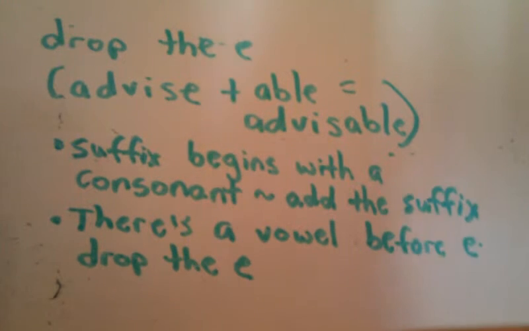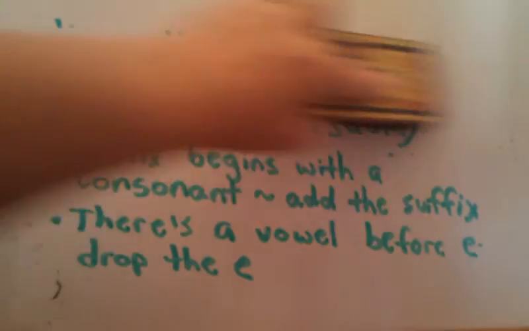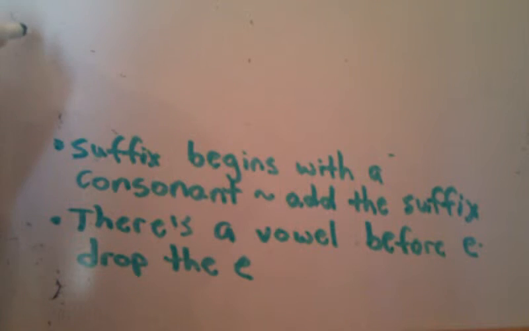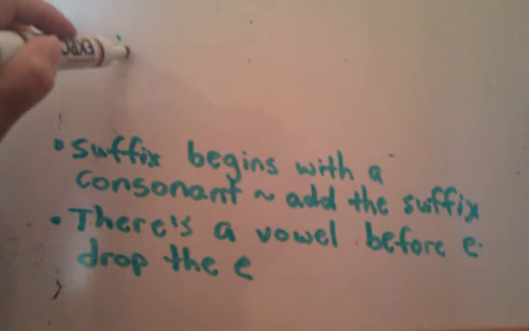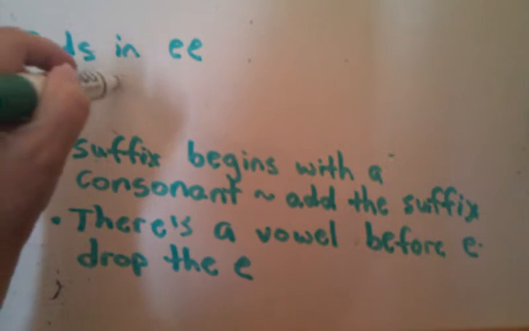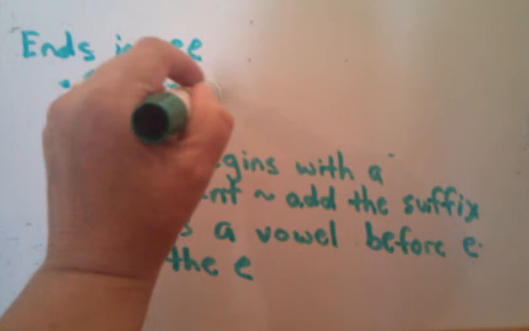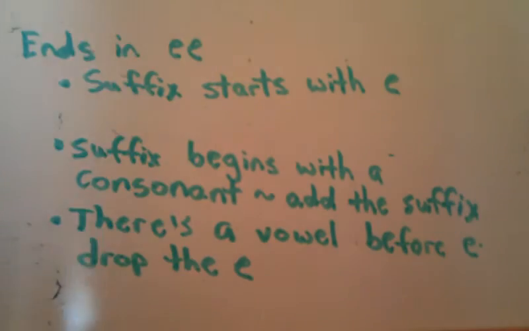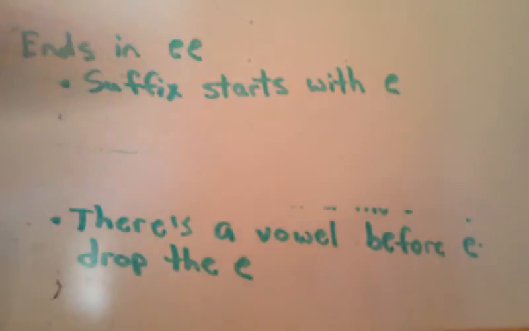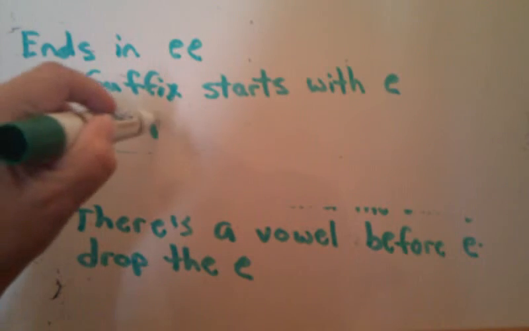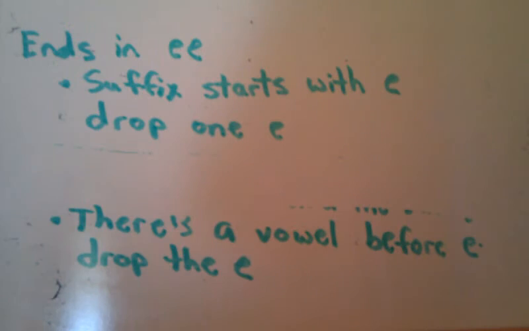If there's a vowel before the E, drop the E. If it ends in double E, the only time you do anything is if the suffix starts with E. If the suffix starts with E, then drop one of the E's, so you don't have three E's in a row.